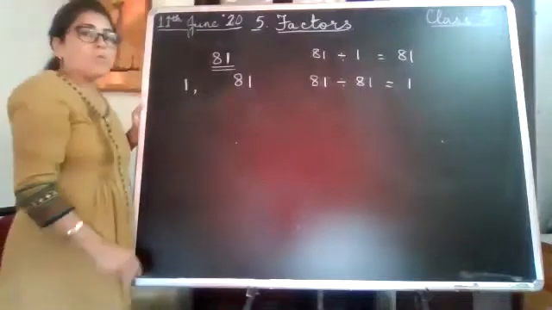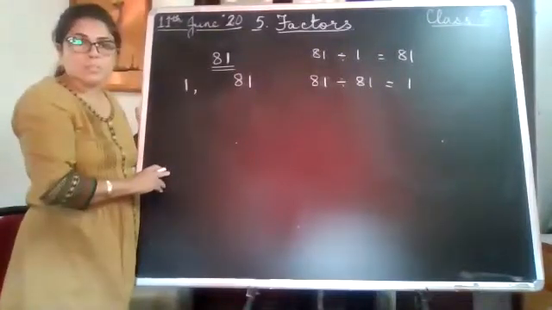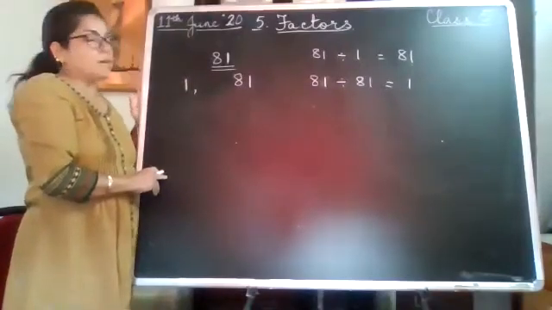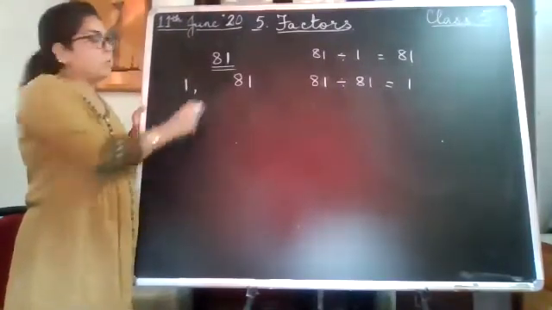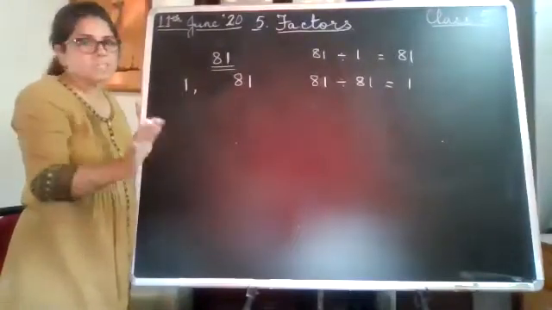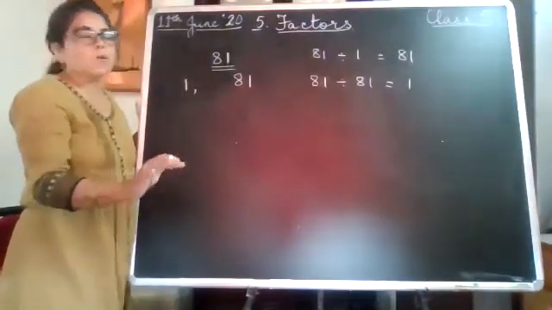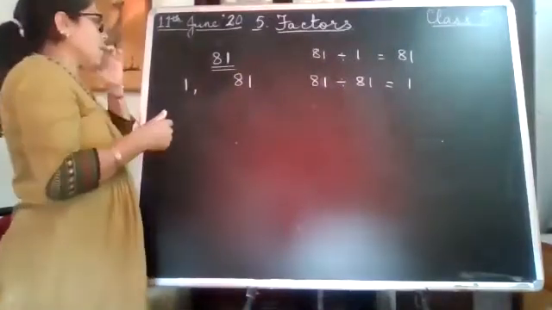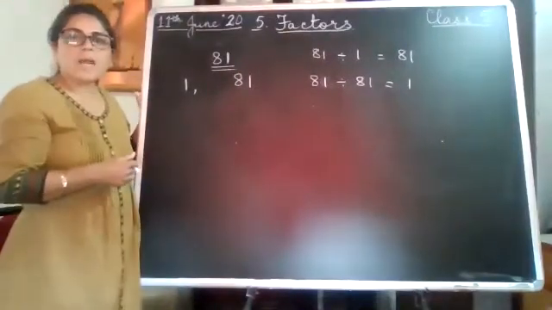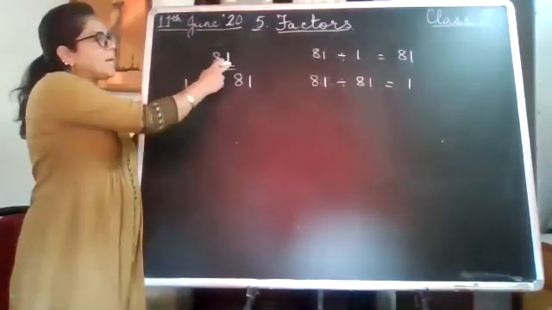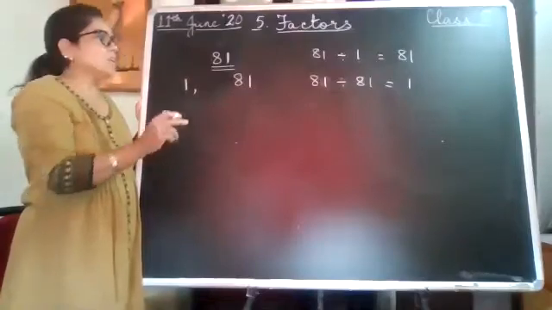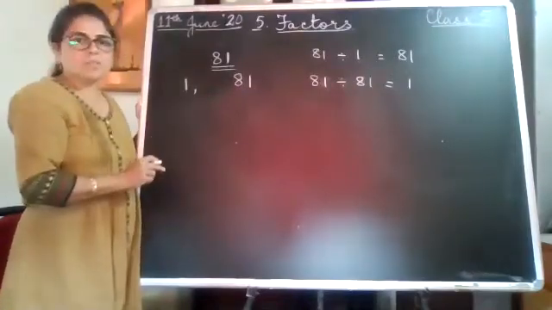Now I want to see if 81 is divisible by 2. So I will take this test of 2 into consideration. If I look at the last digit, I come to know it is not divisible by 2. So I go to the next number, that is 3. Now the test for 3 was you add the digits. So when you add 8 and 1, you get 9. 9 is divisible by 3. So 81 is also divisible by 3.